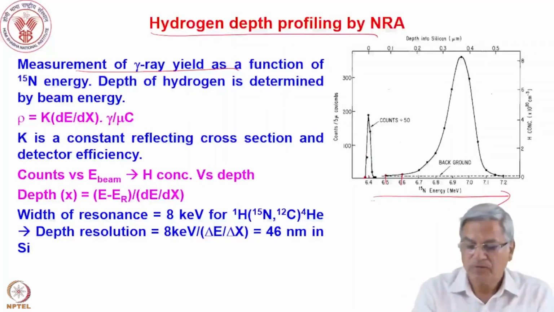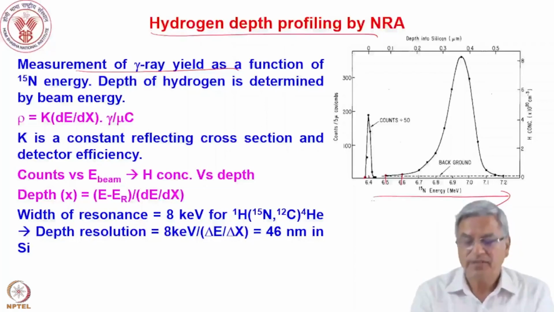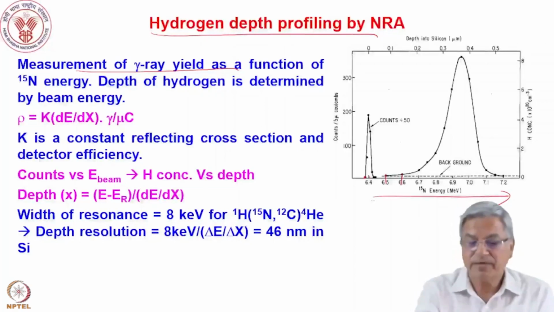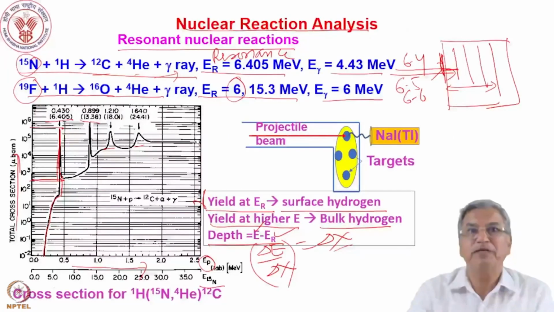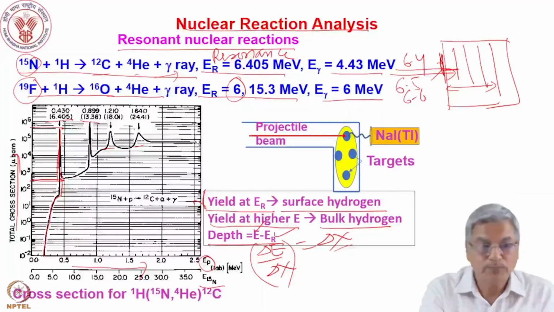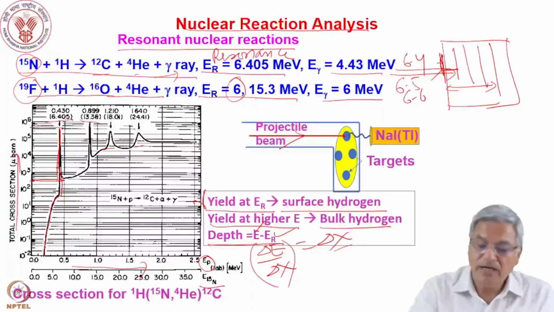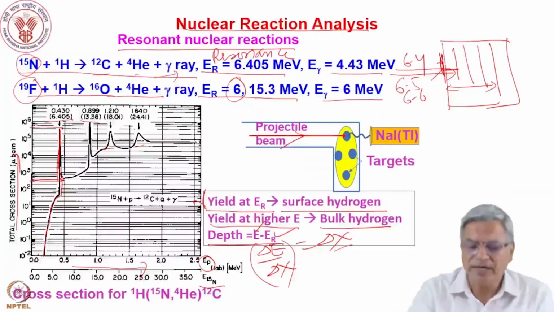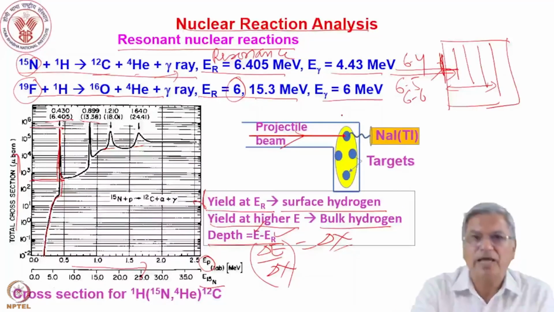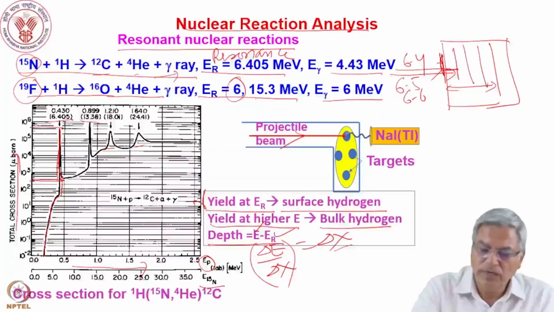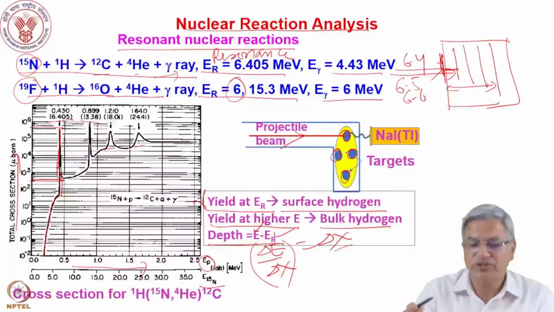The experiment involves bombardment of the target. In fact, I forgot to tell you about the experimental arrangement. The projectile beam passes in a vacuum, and you have a target like a rotating wheel, a circular wheel, with targets at different positions. So we can have 4, 6 targets at a time.